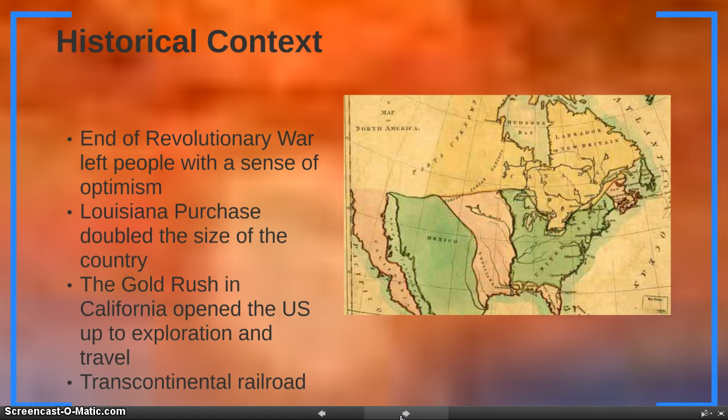What can we do? How amazing this is. Let's go, let's explore, let's find all the greatness that is in our country. And so this amazing acquisition of land, the gold rush, all led to this sense of wilderness and imagination and excitement within the American culture.